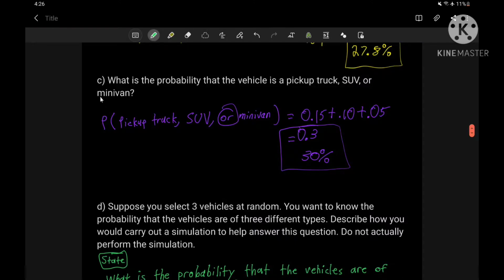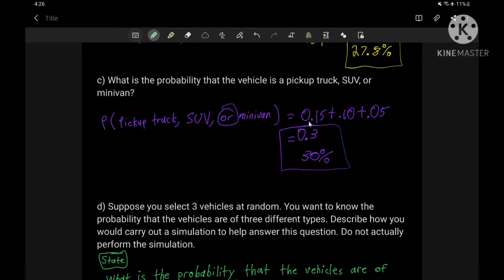For part C, what is the probability that the vehicle is a pickup truck, SUV, or minivan? So what we do here is put the probability of pickup truck, SUV, or minivan. But there's a key word to this: it's or, meaning that we can add up all three of those.